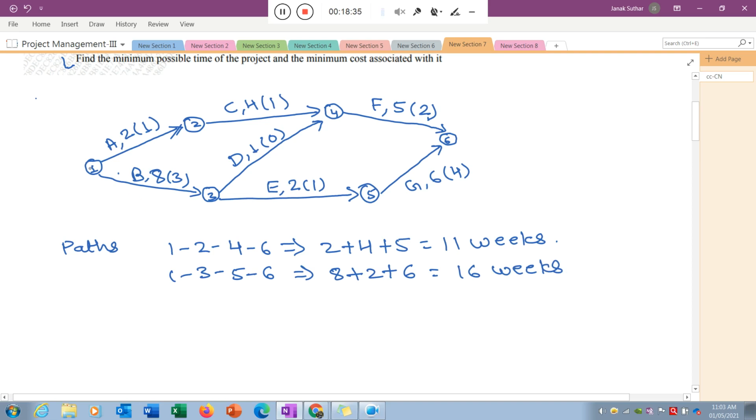The next one is 1 to 3, 3 to 4, 4 to 6. What will be the path length? 8 plus 1 is equal to 9, plus 5 is equal to 14.